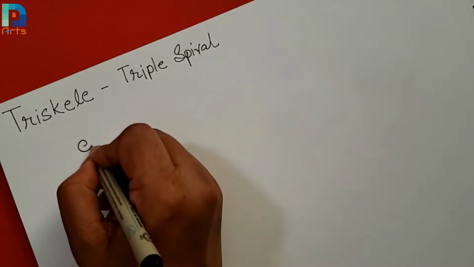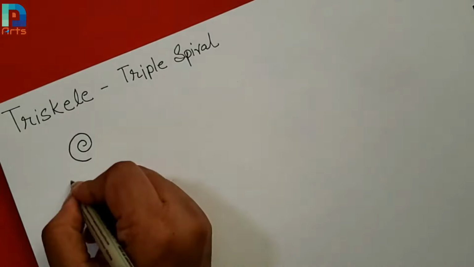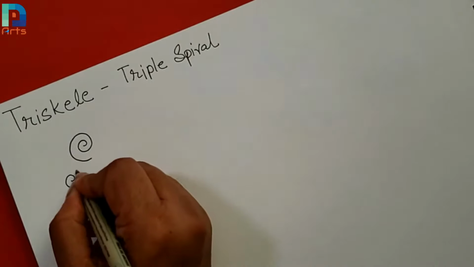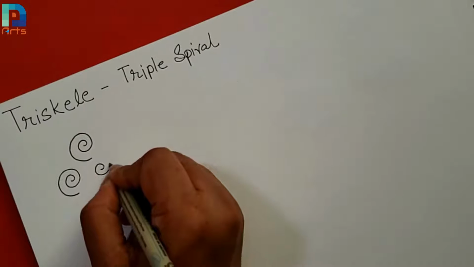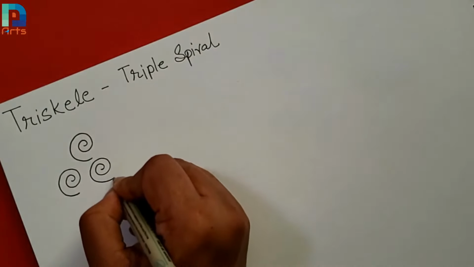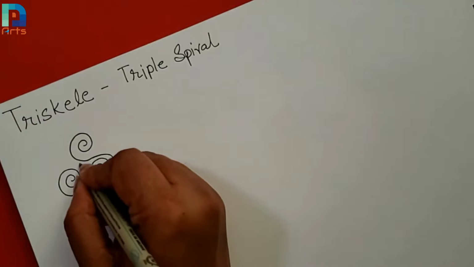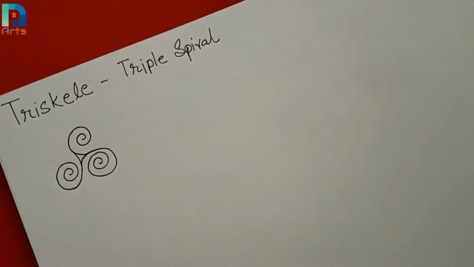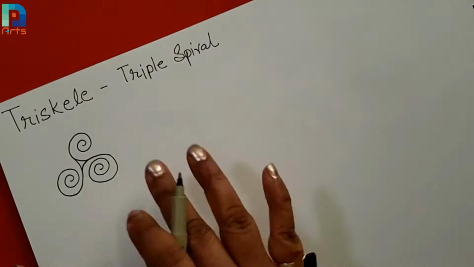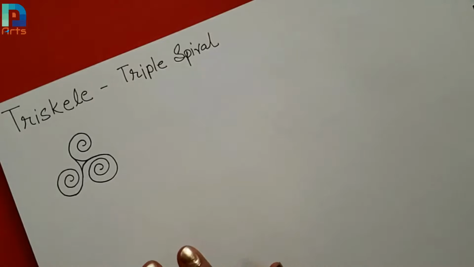Basically, we are going to draw the 3 spirals, 1 on the top, 2 on the bottom, and we are going to join them with the triangle. So I'm not worrying about the number of the spirals or the size as of now, but this is the basic concept.